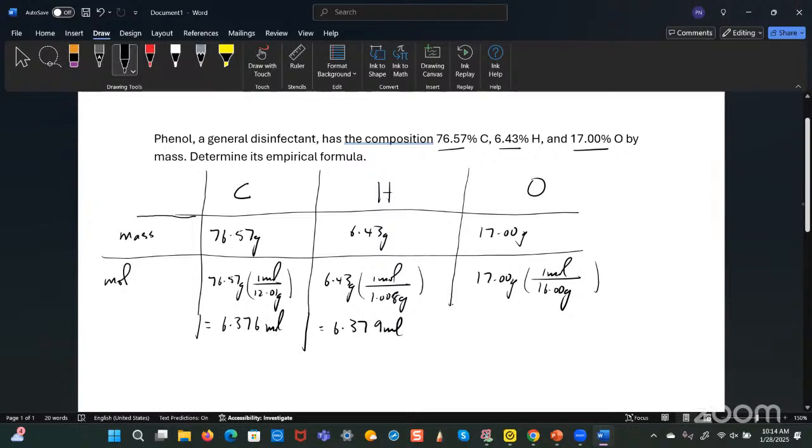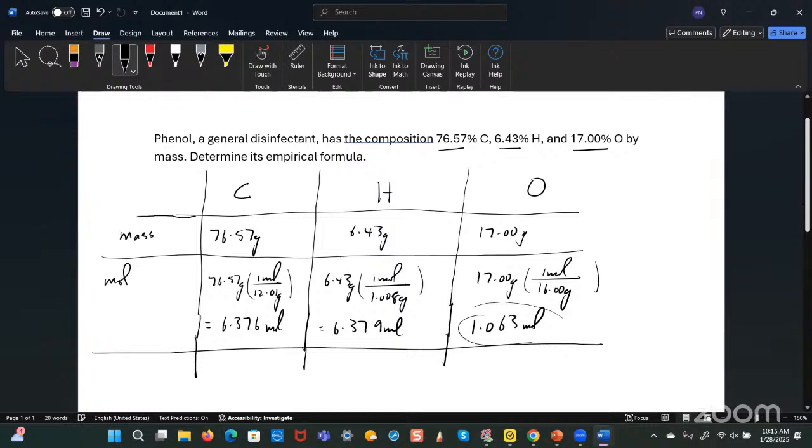And then in the case of oxygen, 17 divided by 16, I got 1.063 moles. And then now we divide right through. Well, firstly, we identify which of these mole values is the smallest, obviously that would be this one.